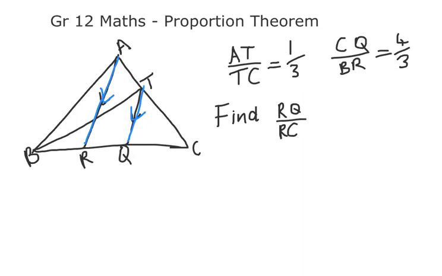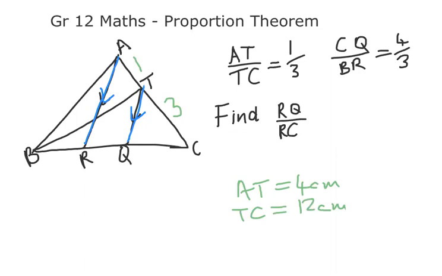Keep in mind, it doesn't mean the sides are 1 and 3, or that AT is 1 and TC is 3. It's a proportion. For example, let's say AT was 4 centimeters and TC was 12 centimeters.